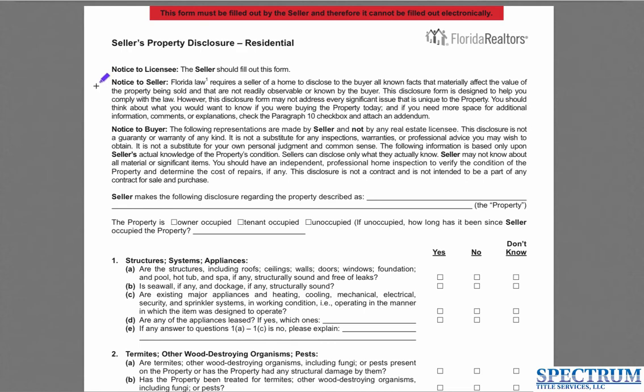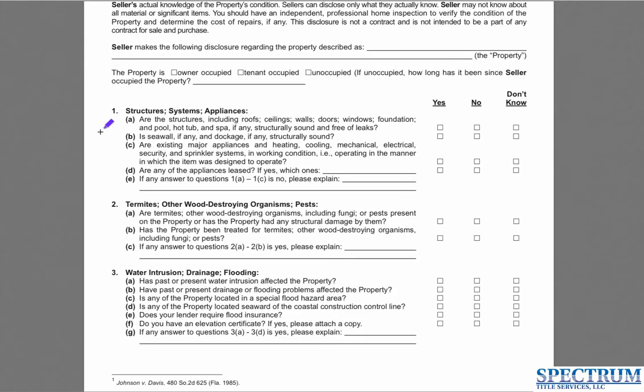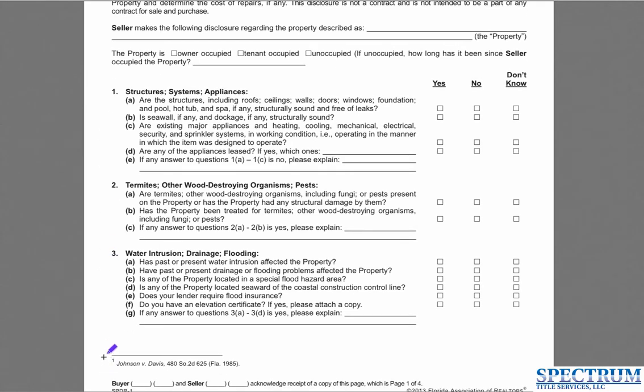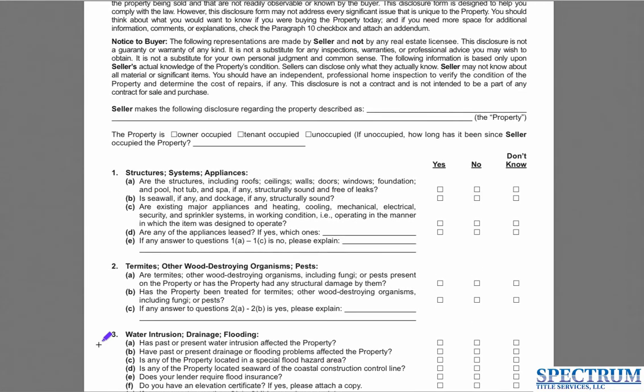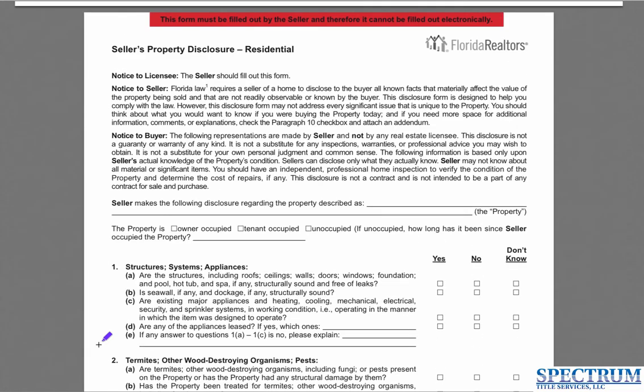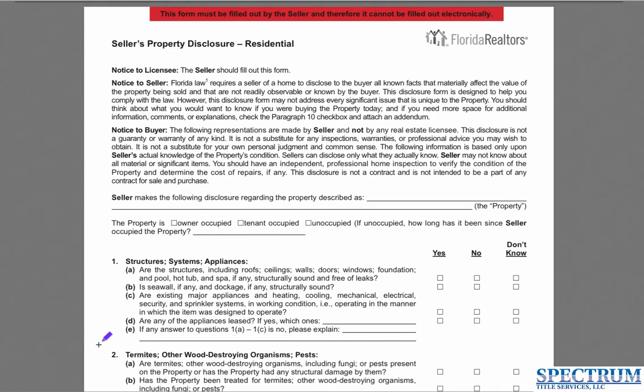Okay? Notice to seller. Florida law, and you can see the little notation here, number 1. If we scroll down to the bottom of the page, number 1 refers to the case Johnson versus Davis, which is essentially the landmark case on seller's disclosures when it comes to residential property.